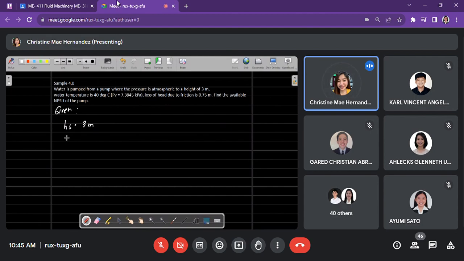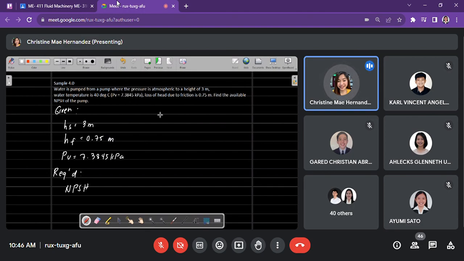Loss due to friction, so HF ay 0.75 meters. Ngayon, meron tayong vapor pressure na 7.3845 kPa. Find the available net positive suction head.